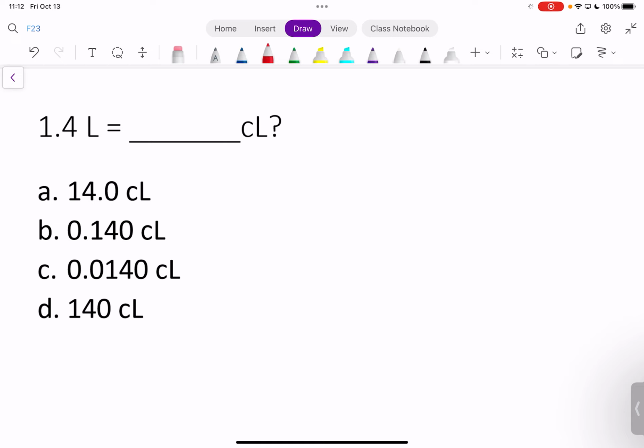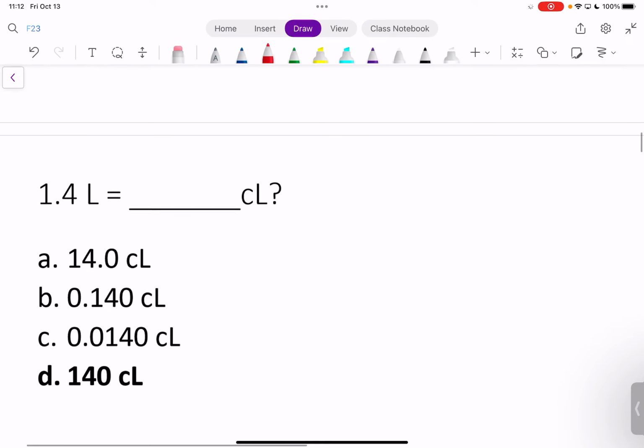All right, what do you guys think? Which one? 140, yeah, D. Let's see how we got that.